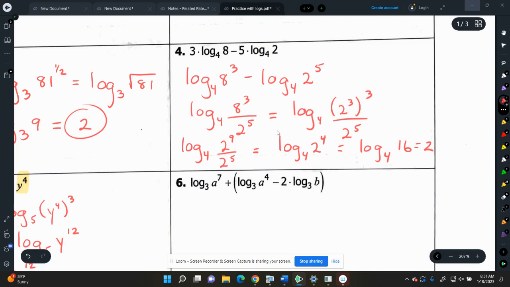Good observation. Yes. On my calculator, I just did 8 to the third and 2 to the fifth, and I just divided it. Does that work as well? Yes, that's okay. I'm not 100% certain if I'm going to let you use your calculator, but yes, that's okay.